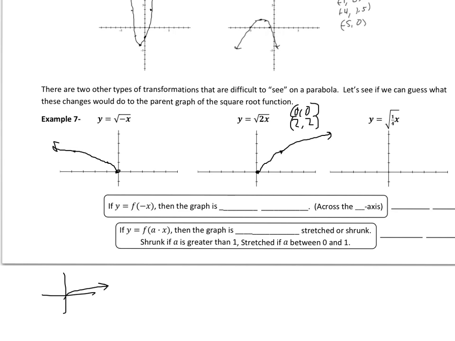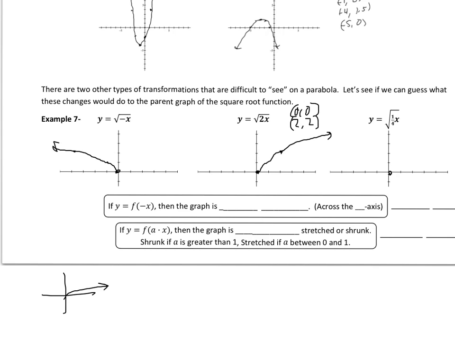All right, so let's look at the 1/4 now. So again, we're at 0, 0. Now we can do x is 1 here.